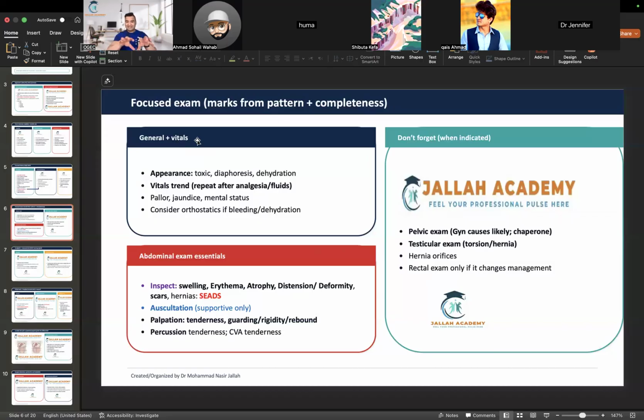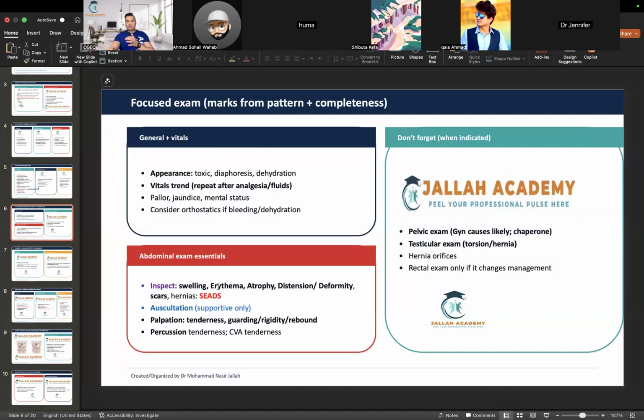In this case, since we are focusing only on the abdomen, then we have to, right? But in the face, you don't say hernia. I'm just saying, in general, regardless of where you are doing the focus exam, whether it is face, neck, chest, abdomen, pelvis area, or the joints: swelling, erythema, edema, atrophy, deformity, and scar.